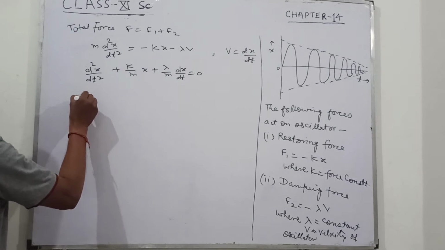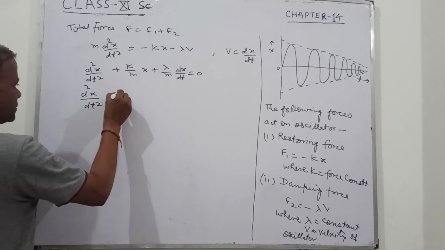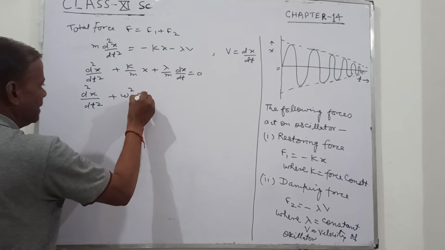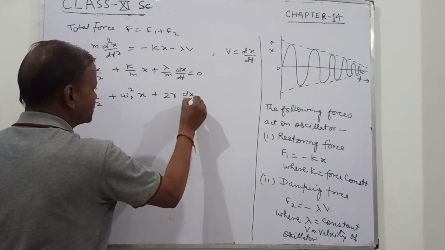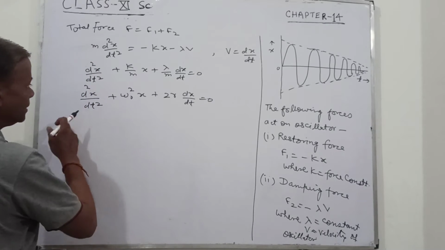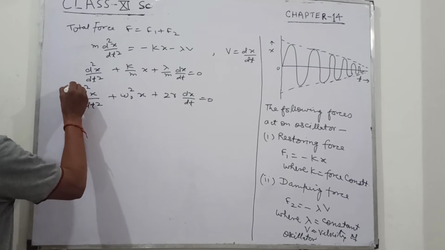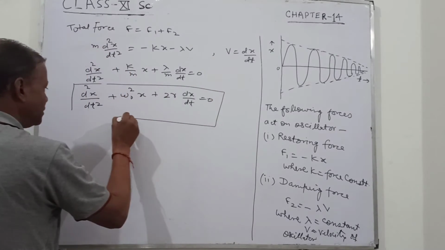So we write this as d2x upon dt square plus omega naught square x plus 2r dx upon dt is equal to 0. So this is the differential equation of the damped oscillations.